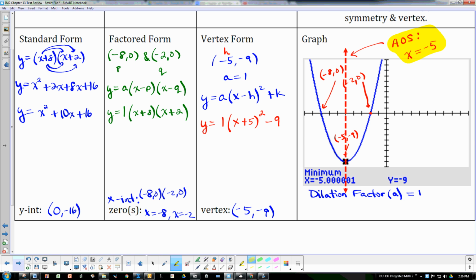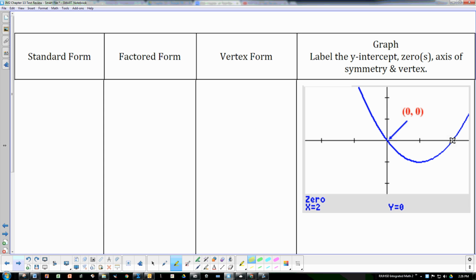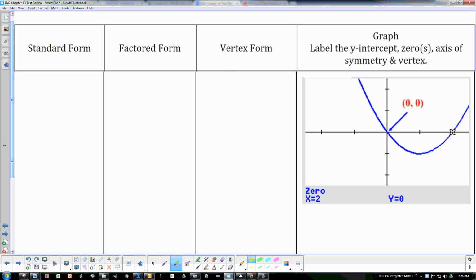All right, I believe this is our last row, and here it is. This one gets a little tricky. And on the printed review, once again, I said, let's let the dilation factor, which you know is a, equal 1.